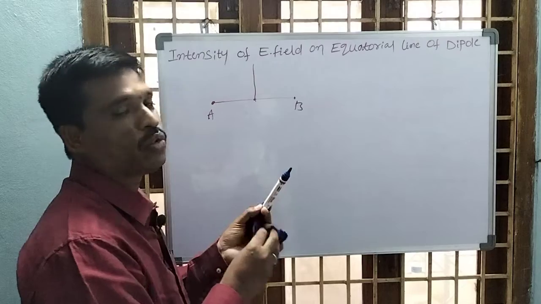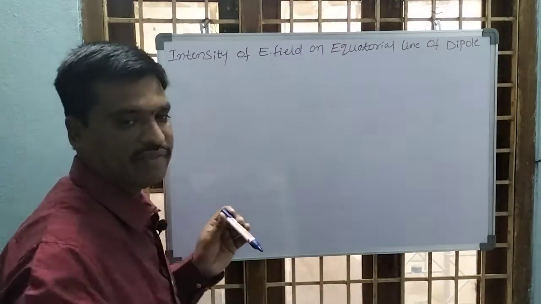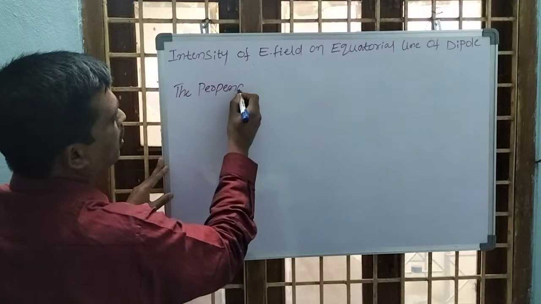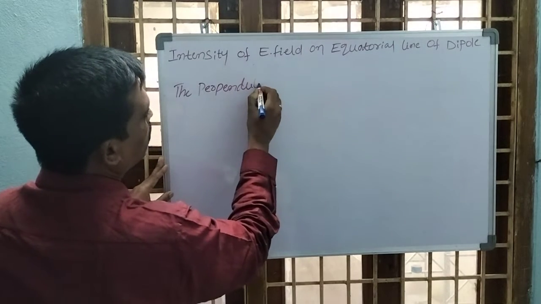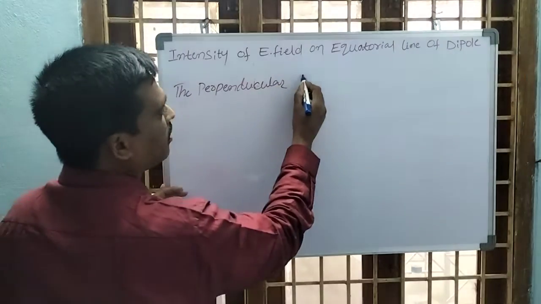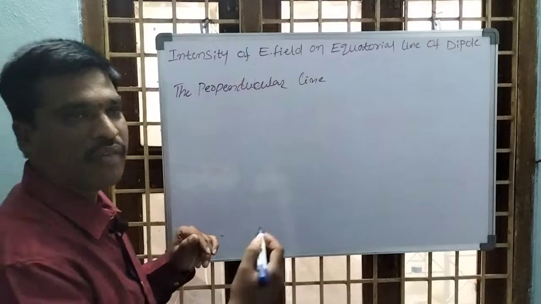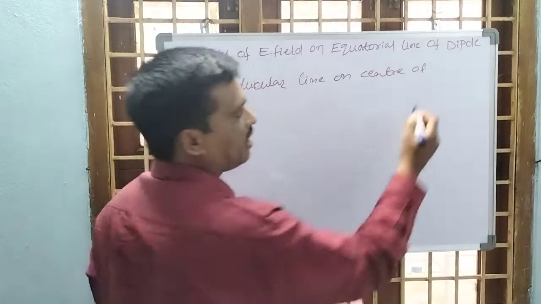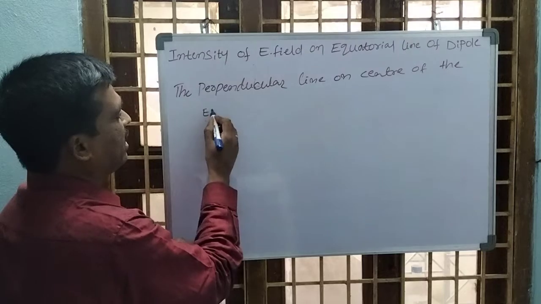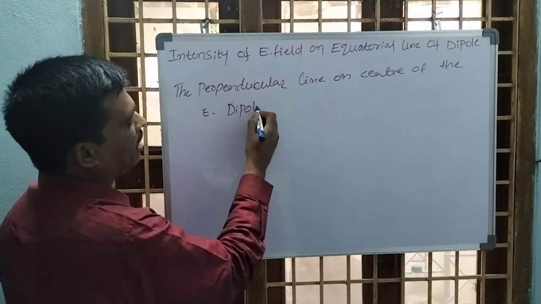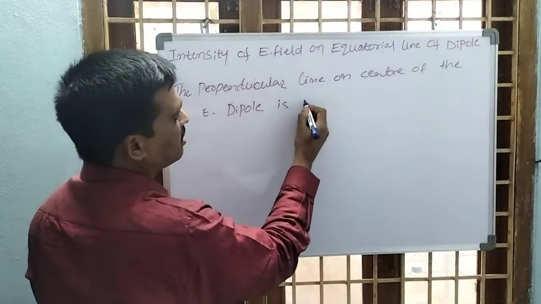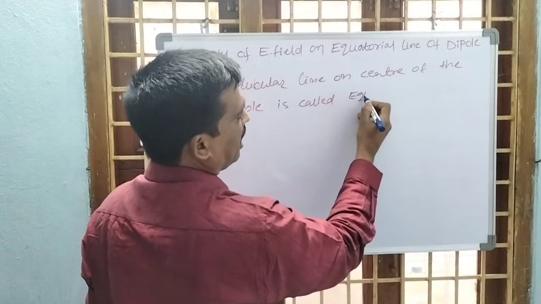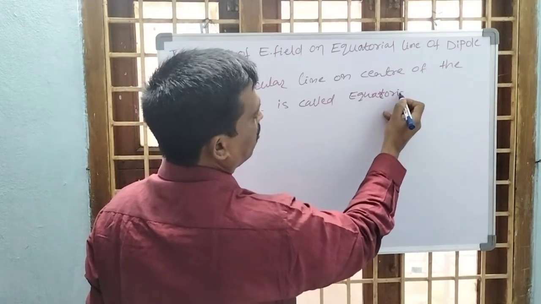Now, how to derive the equation? First, the definition: the perpendicular line on the center of the electric dipole is called the equatorial line.